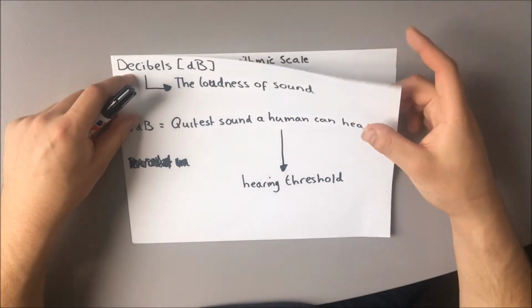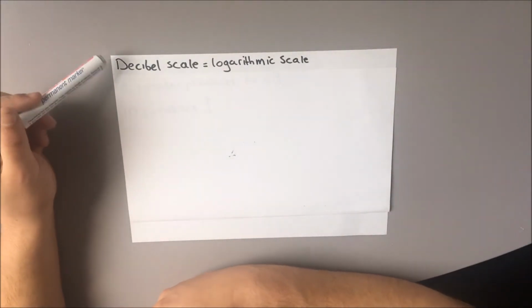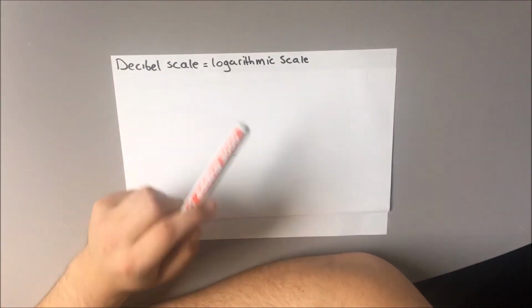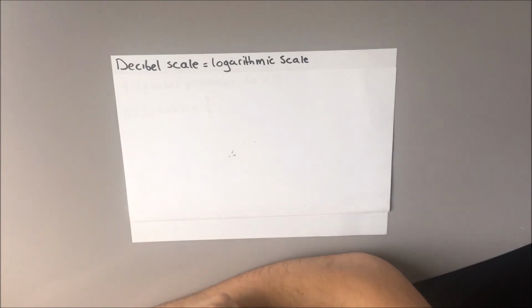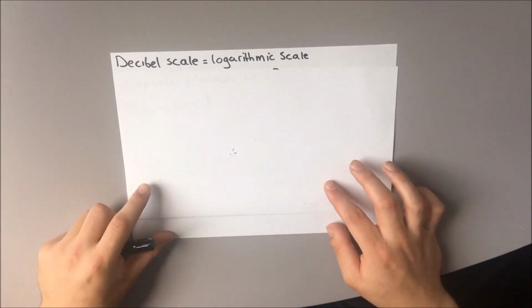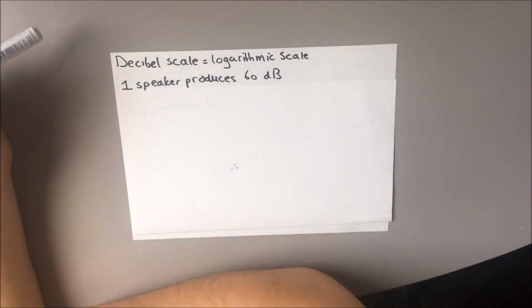Okay, the calculation part. The decibel scale, where we measure the amount of decibels, isn't a regular scale. They call it a logarithmic scale. It's quite a difficult word. It's nice for your tongue to roll on. And we're going to explain this with a little example. Say you're at home listening to some music on a speaker, and it produces 60 decibels of sound power.